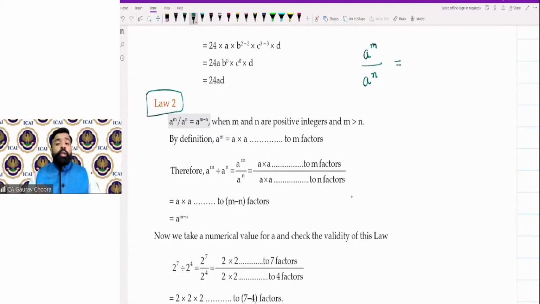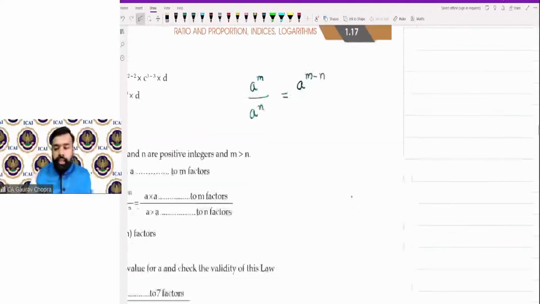So अगर डिनोमिनेटर में से पावर ऊपर की तरफ आती है, then the sign will get change, तो उसका साइन चेंज हो जाएगा. So a to the power of m minus n, it will become a to the power of m minus n. जब भी पावर नीचे से ऊपर आएगी तो उसका साइन चेंज करना है आपको.